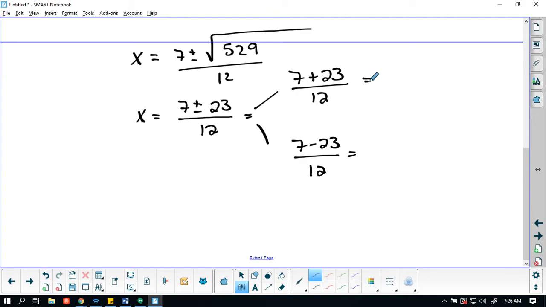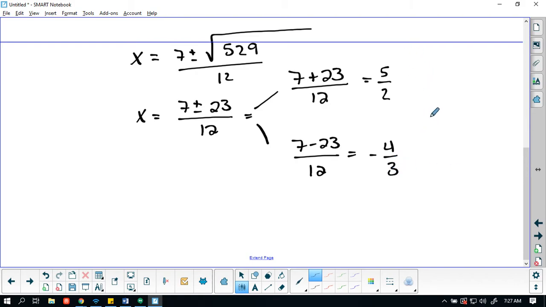When you put this in your calculator, do 7 plus 23, hit enter, and then divide that by 12, and I get 5/2. And then 7 minus 23, hit enter, divide that by 12, and I get -4/3. I actually got decimals.